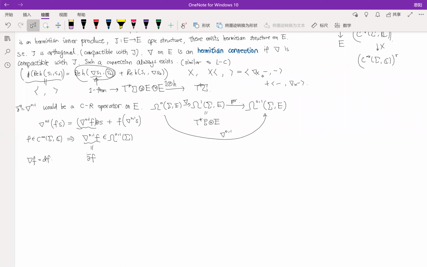Excuse me. I just want to make sure I understand: in your definition of Hermitian connection, you're using the real parts. I mean, this is equivalent to dropping the real part and just using the entire complex numbers.